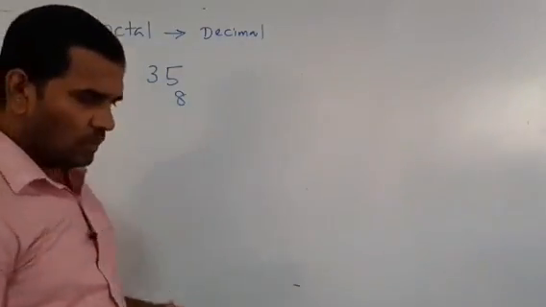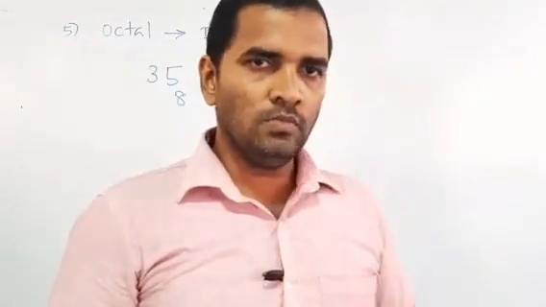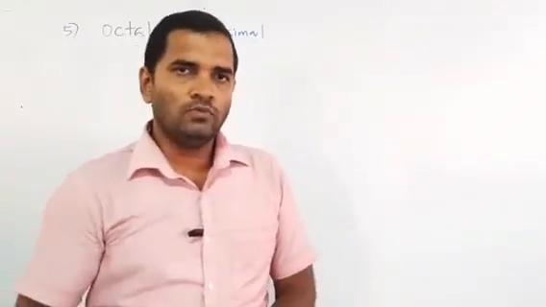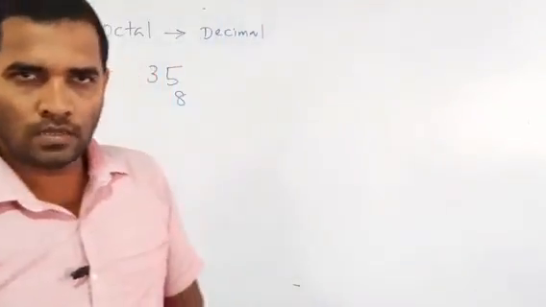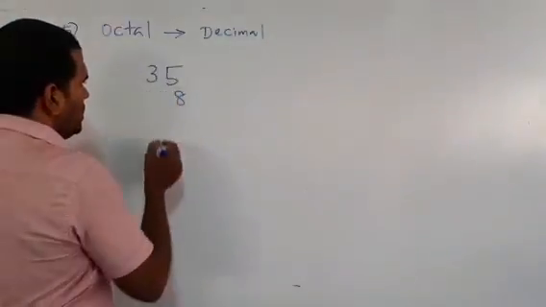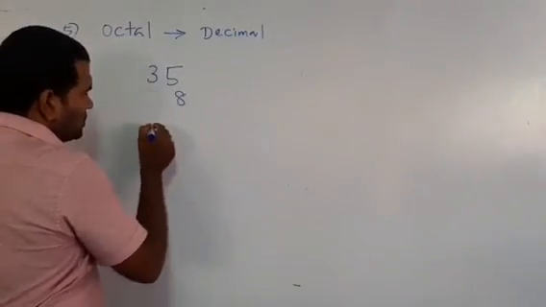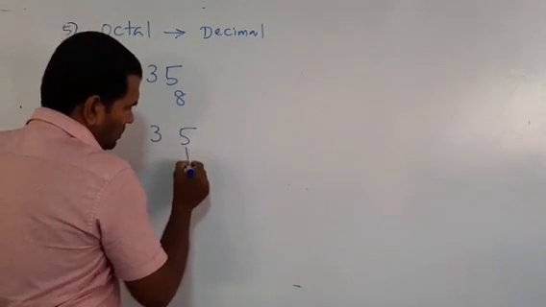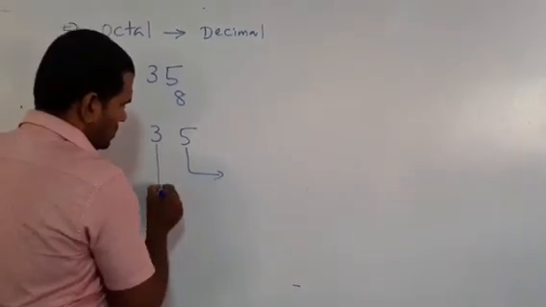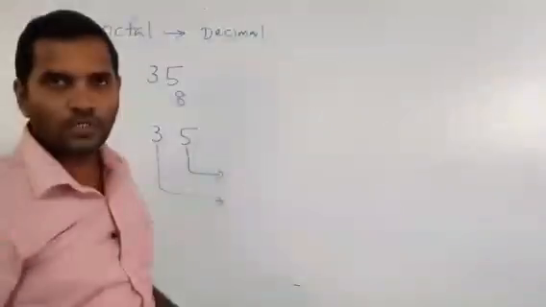So even for octal to decimal, you have to use the same method as you used earlier in the binary to decimal conversion. Look at them. We have 2 digits. So I'm rewriting them: 3, 5. First of all, we have to write the position of these 2 digits.